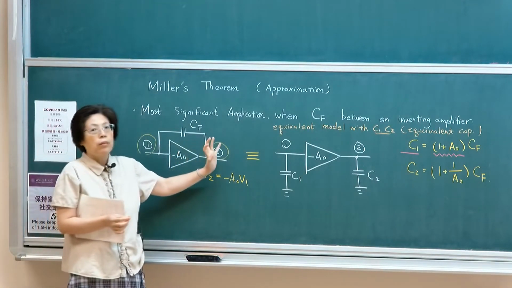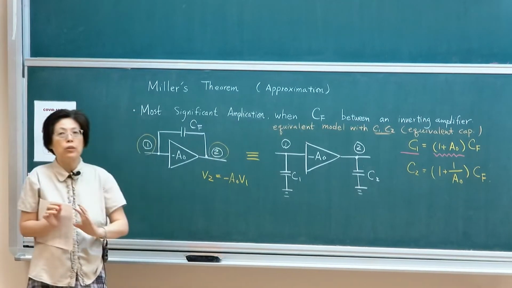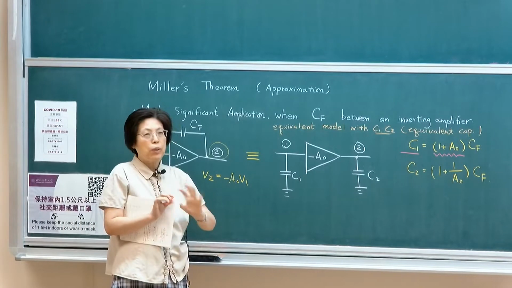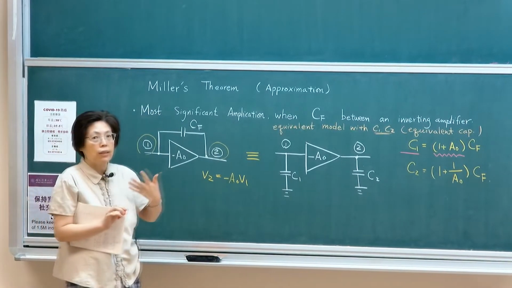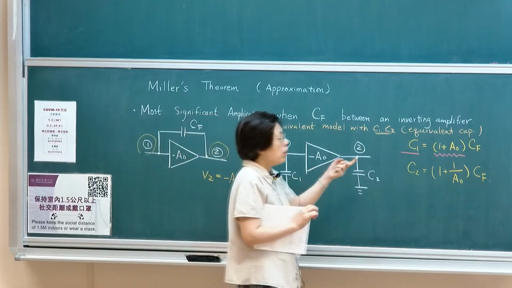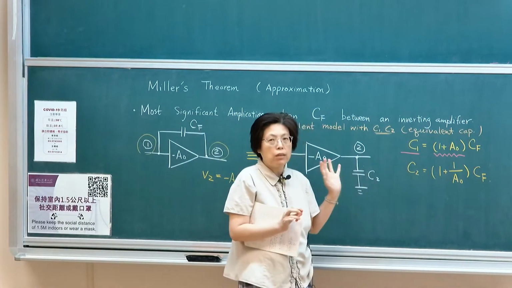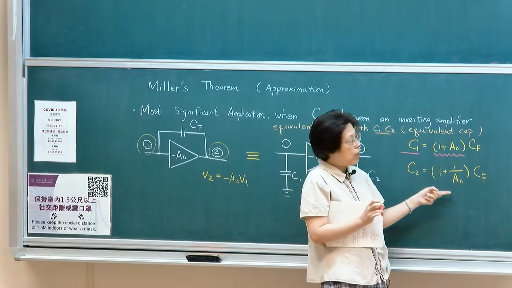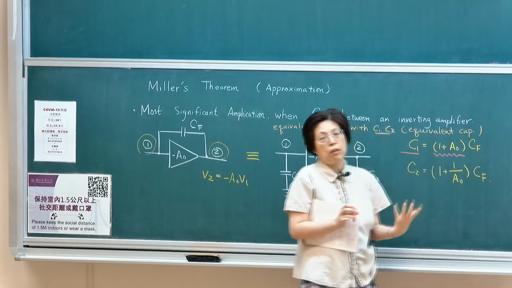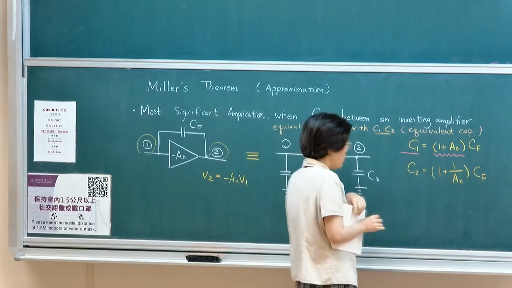The main reason is that terminal 2 is going in the opposite direction. Therefore, you need to put in more current in order for the potential to rise. That's the same as having a large capacitance. And you will see that C2 will experience somewhat of an increase in capacitance, but it's not very significant because it's 1 over A0. Typically A0 is a high number, so it will be very close to 1.